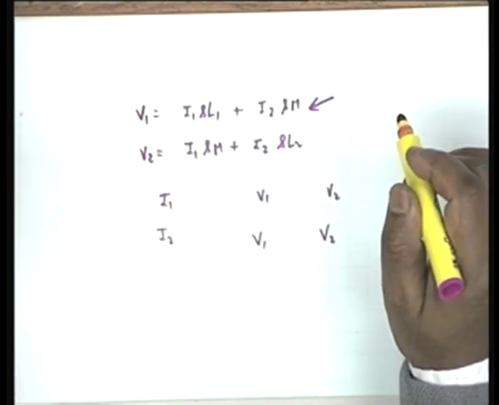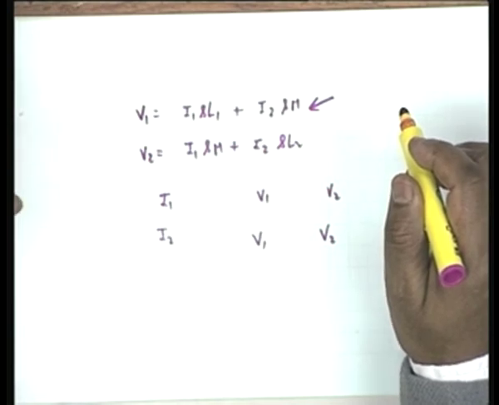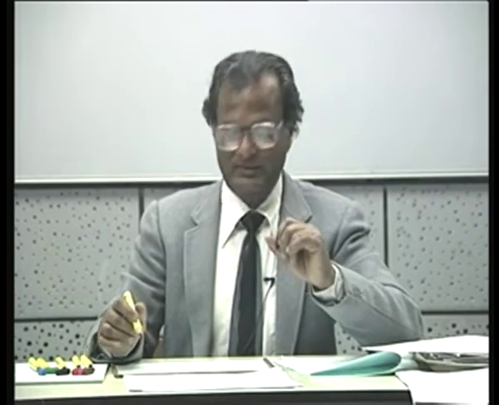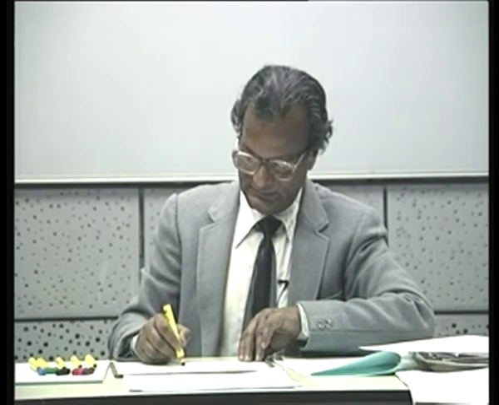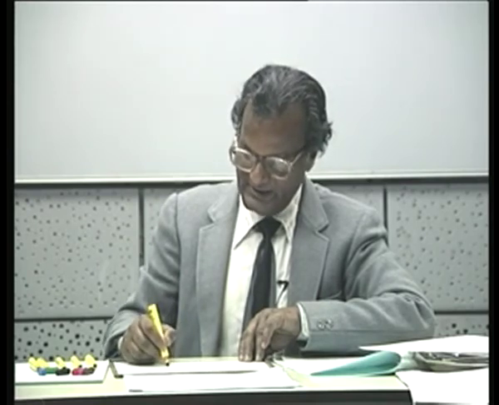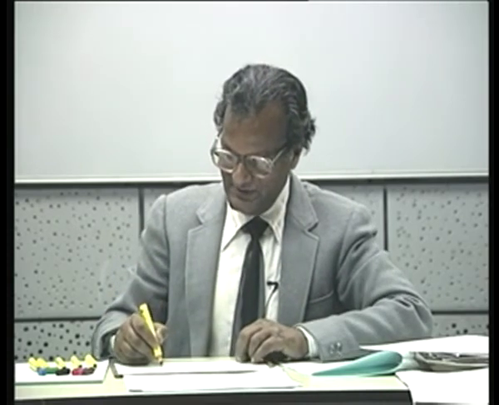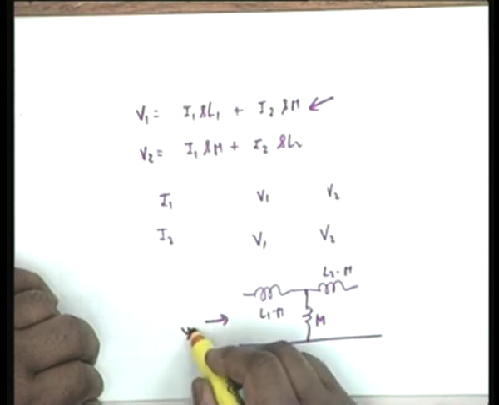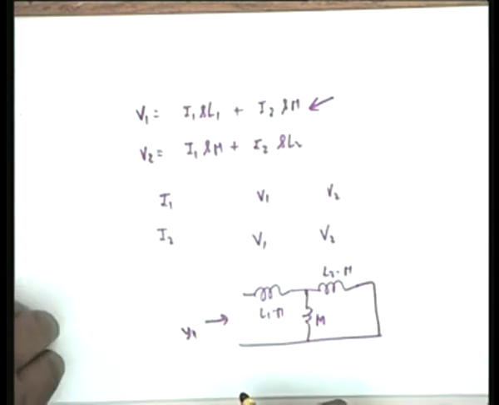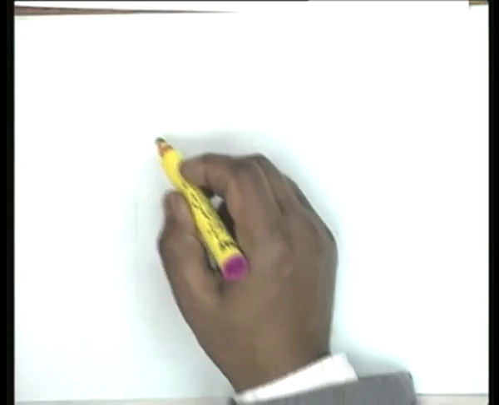The other way is you can, in this case, apply the T equivalent circuit and apply the definitions of the Y parameters. For example, if I want to find out Y11, with L1 minus M, L2 minus M and M, I am only doing mathematical calculation, nothing else. I have to short circuit the output. So I can calculate Y11 by inspection.